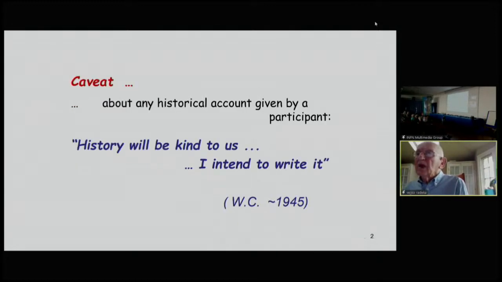Now, talking about the past, if you talk about the historical account by any participant, you will have to face that, as the saying goes, history will be kind to us, because I intend to write it.